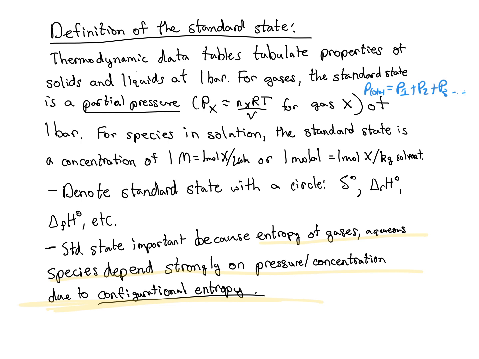The idea is that if I go from having my gas in a volume V to giving it more volume, let's say I double the available volume, that basically doubles the ways or microstates for each of the particles, which causes this large increase in entropy because there are so many more available microstates in a larger volume.